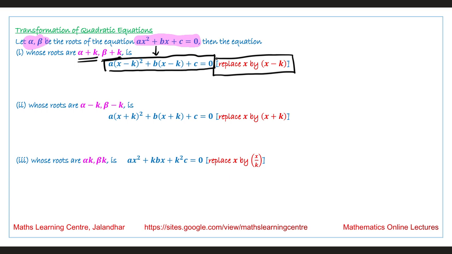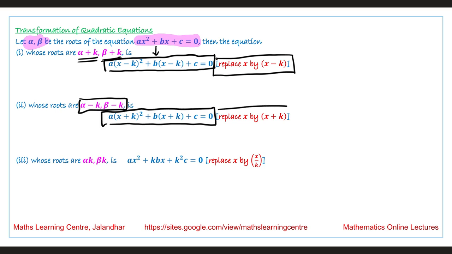Next, if we want to find the equation whose roots are alpha minus k and beta minus k, then x will be replaced by x plus k. If we want to find an equation whose roots are alpha k and beta k, then we have to replace x by x by k.